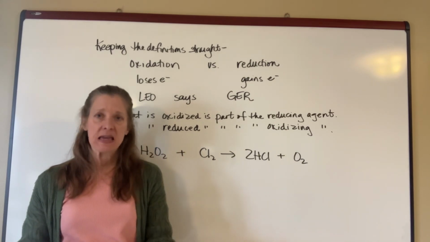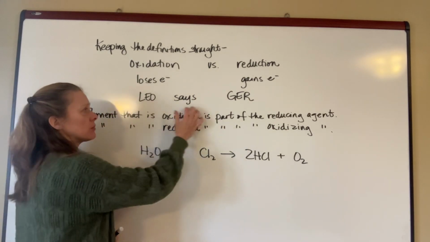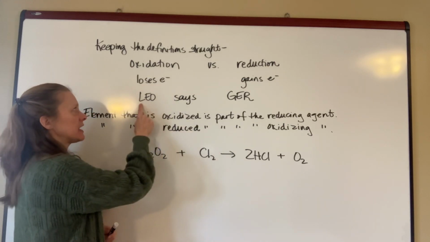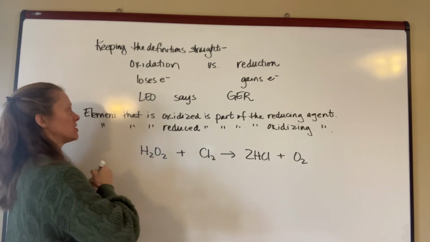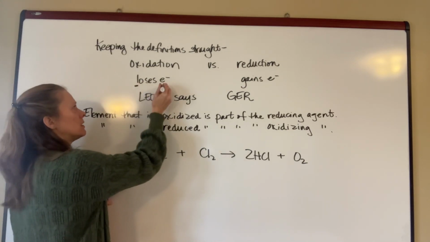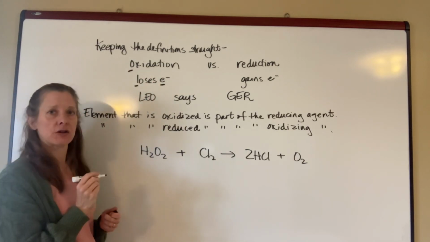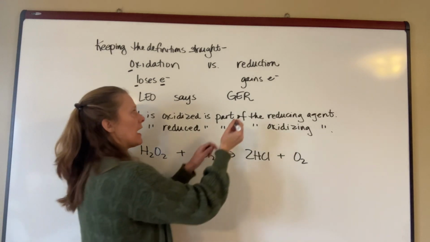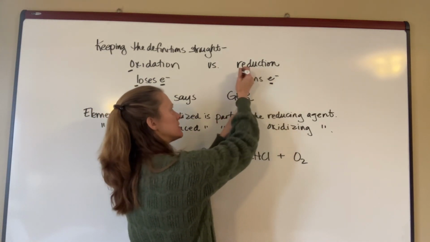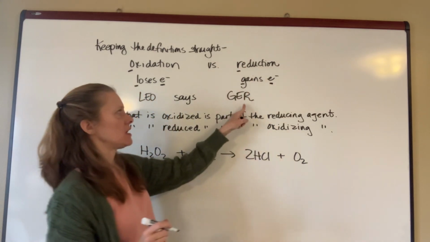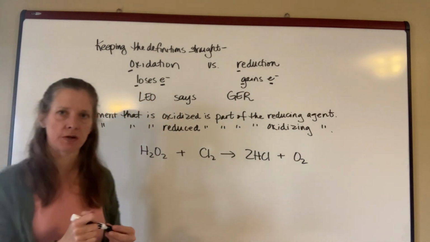The mnemonic that he gives you is Leo says GER, where this stands for losing electrons is oxidation. So it's L-E-O, losing electrons is oxidation, and the GER is gaining electrons is reduction, G-E-R. Gaining electrons is reduction.